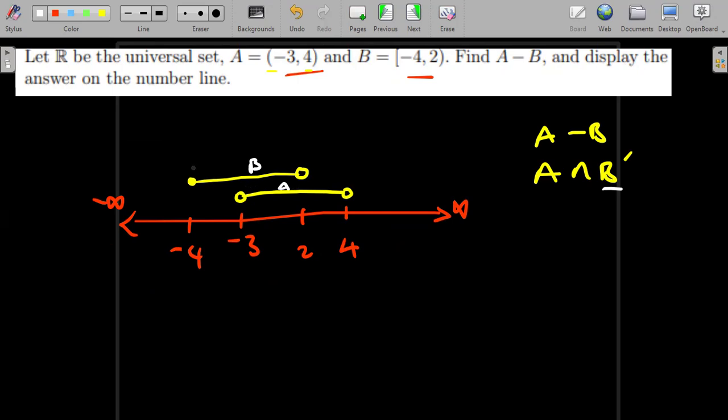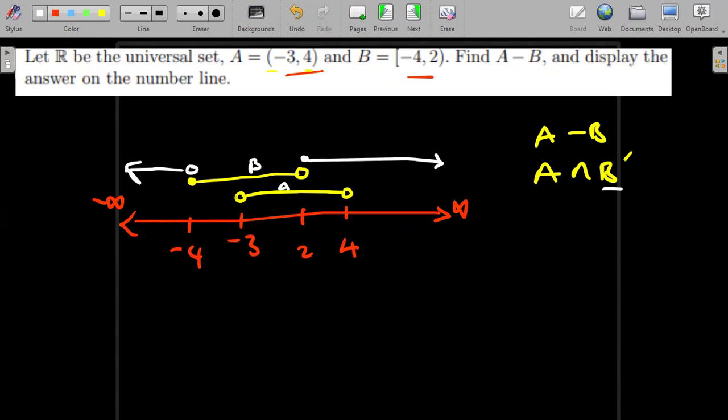So B here we can see at 4 that B is closed at 4, meaning 4 will not be part of the complement. So it will be open there, going all the way to there. Then here at 2, 2 is not part of B. So if 2 is not part of B, meaning 2 is part of the complement of B. So it will be closed at 2, then going all the way to positive infinity like that. So this is what we have.